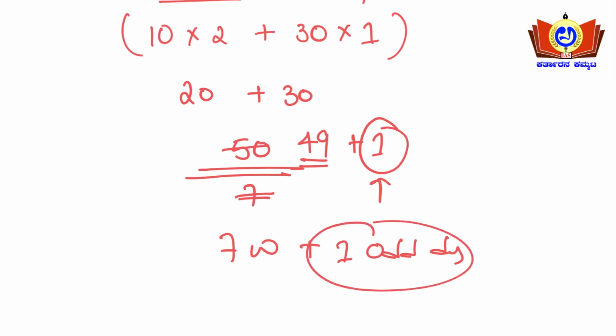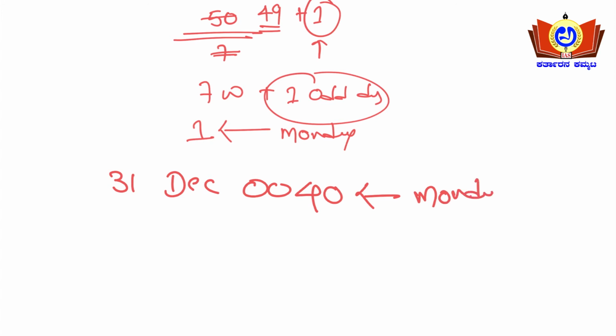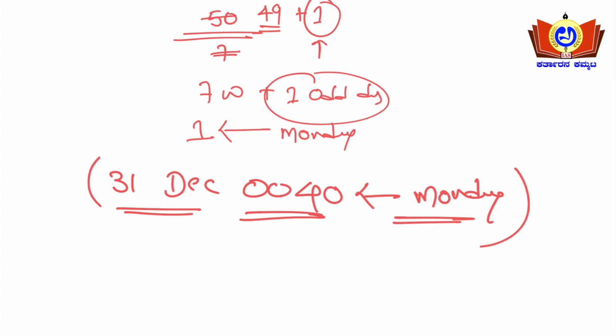So what does 1 represent here? That is Monday. So 31st December of 0040 will be Monday. Simple, right? You need to follow the steps here.